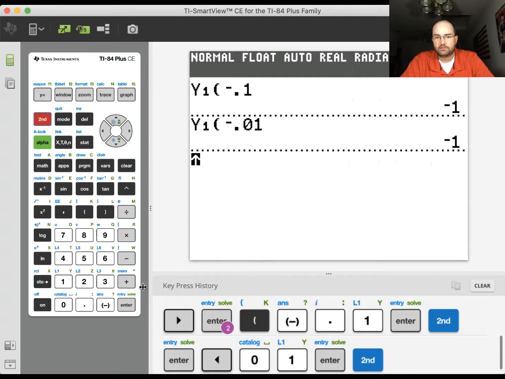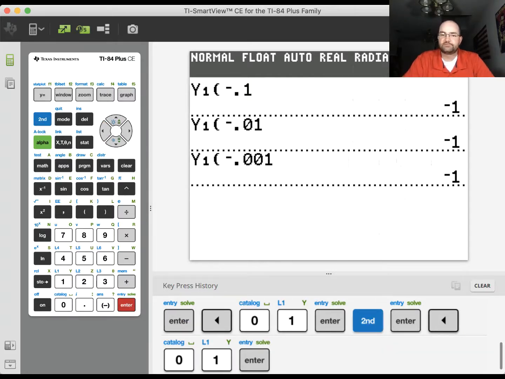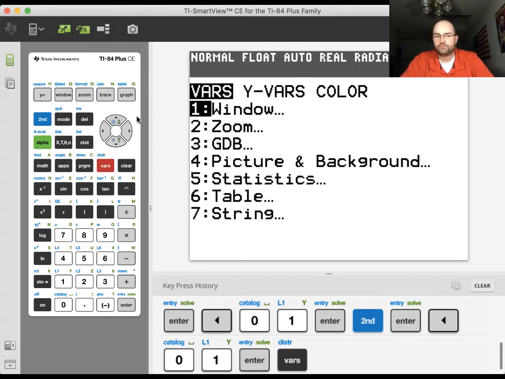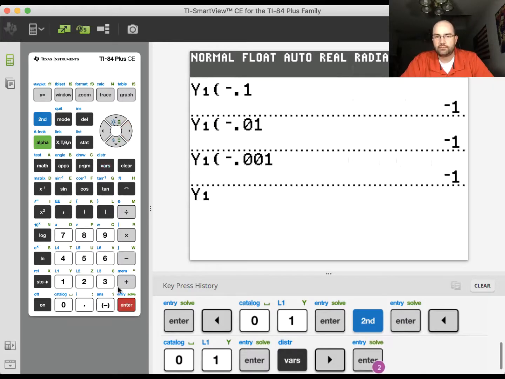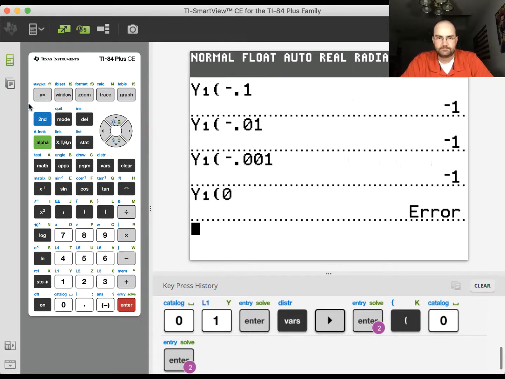And again, that gives us negative 1. Good. Now, notice something: if we do vars, right, 1, enter, and then open parentheses and tell it to do the number 0, it gives us the fact that we're dividing by 0. We don't want that.